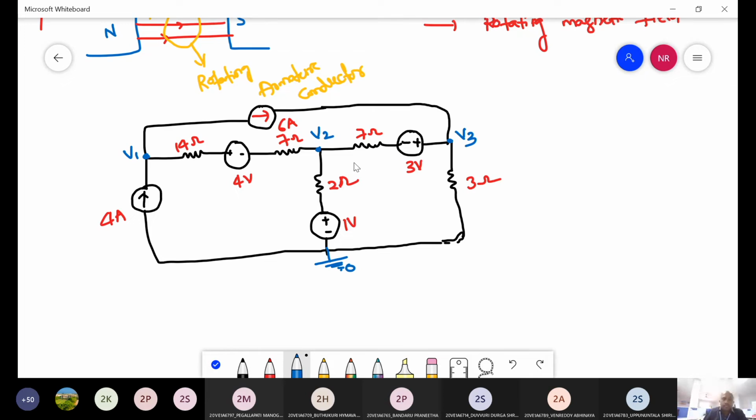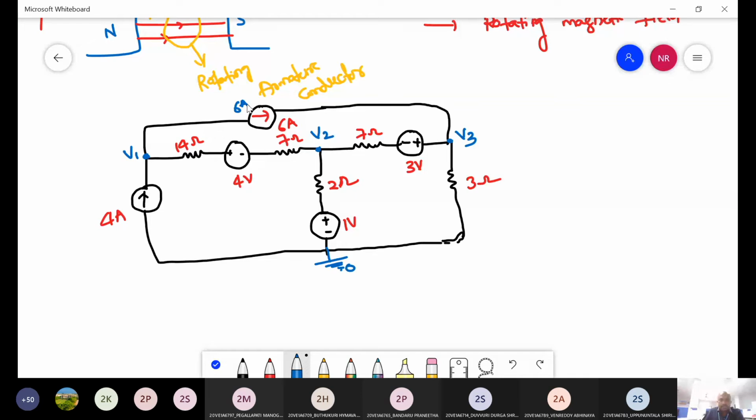So at each node, if the direction of current, all the currents are leaving, right? Here at this node, what elements are joined? 4 amps, 14 ohms, and 6 amps are joined, right?